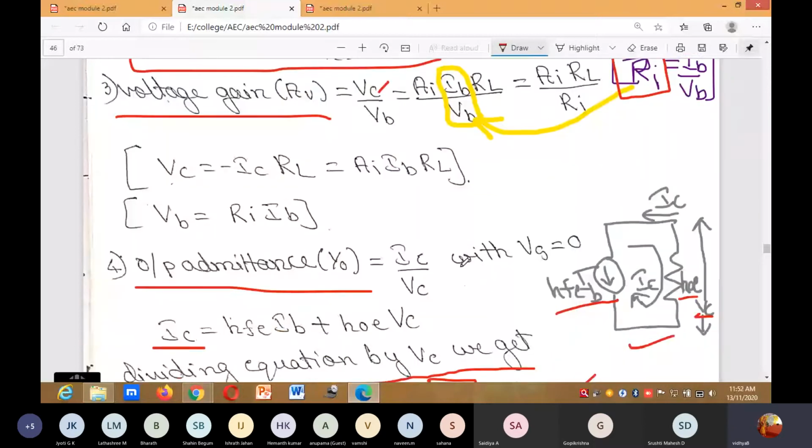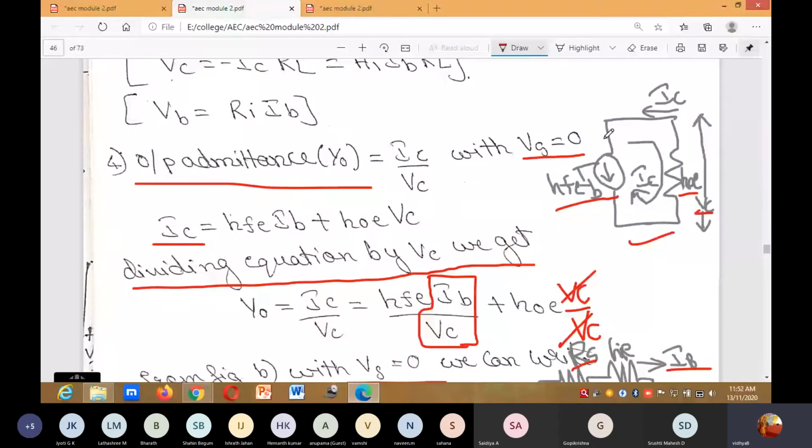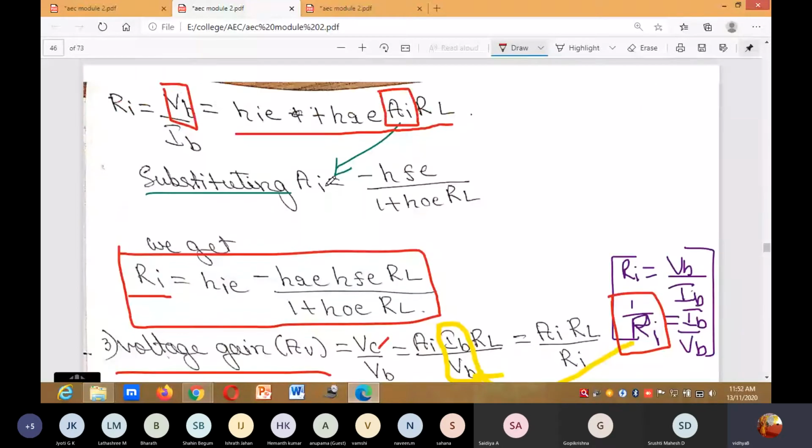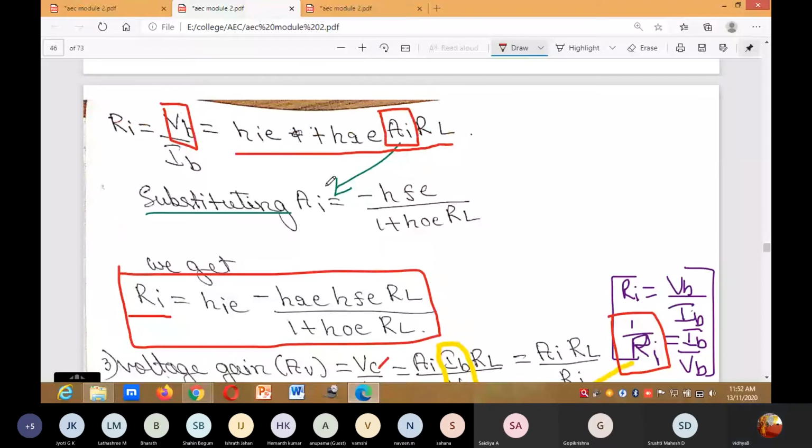Next, output admittance. We should make VS as 0. If you make VS as 0, consider this circuit. Consider the HFE.